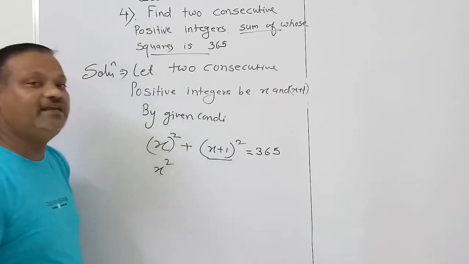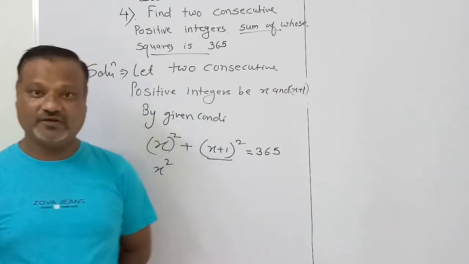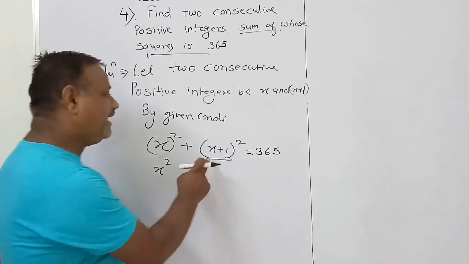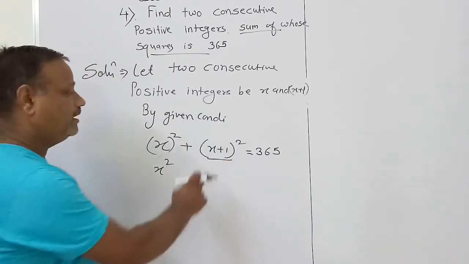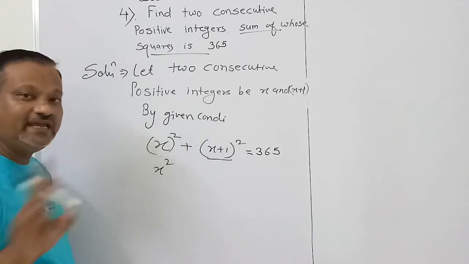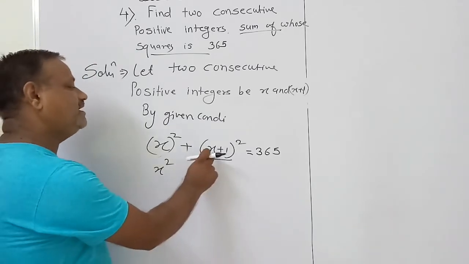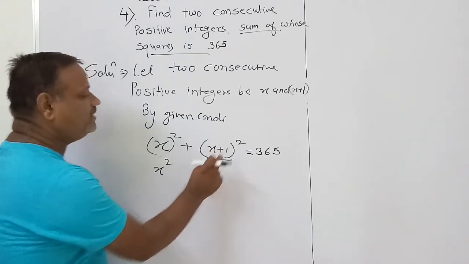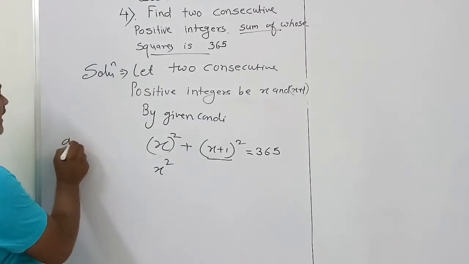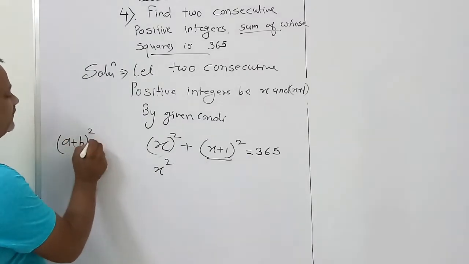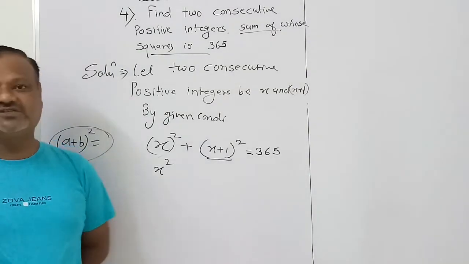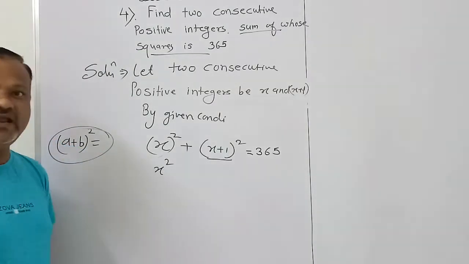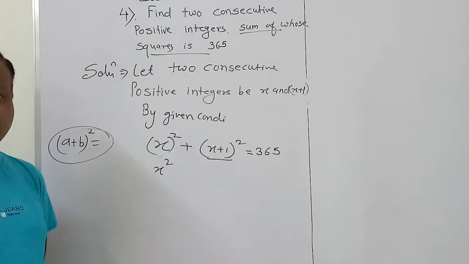Now here x square is as it is. This is nothing but a plus b whole square. Don't do x square plus 1 square, this is wrong, because this is the format of a plus b whole square. You know that the formula for a plus b whole square is a square plus 2ab plus b square.